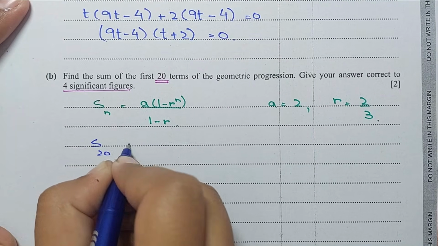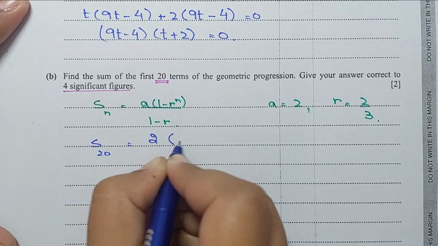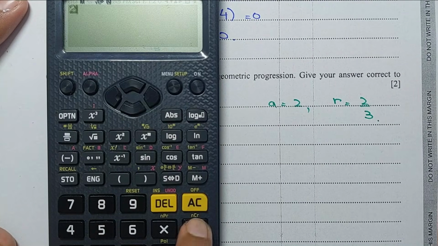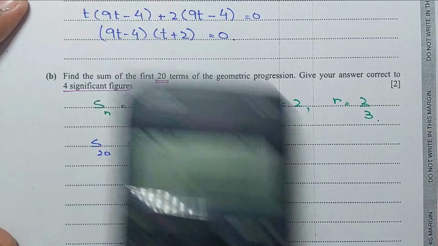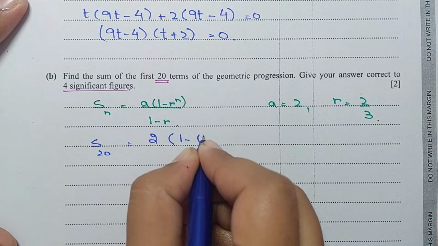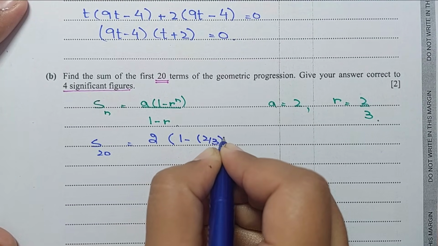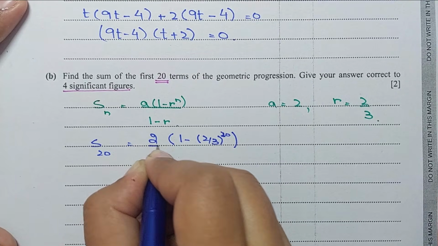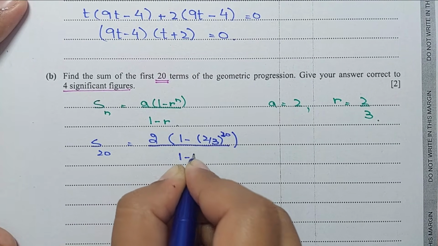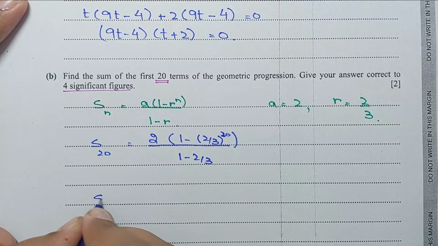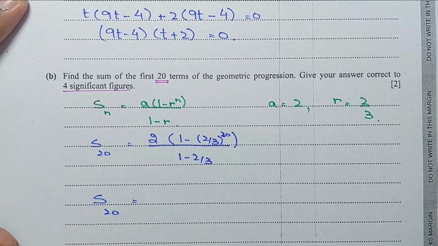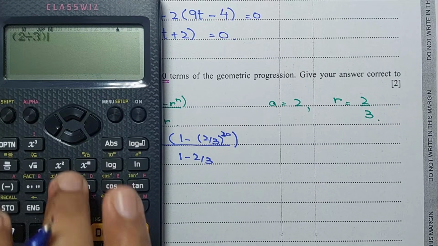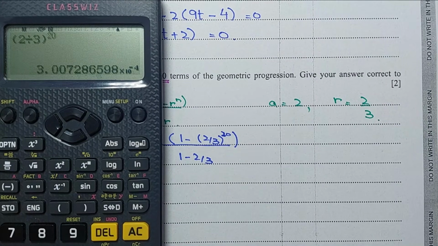So just simplify. S20 is A into 1 minus 2 by 3 to the power 20, over 1 minus 2 by 3. So S20 equals 2 by 3 to the power of 20.